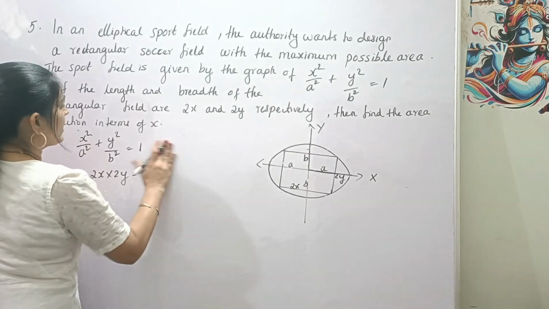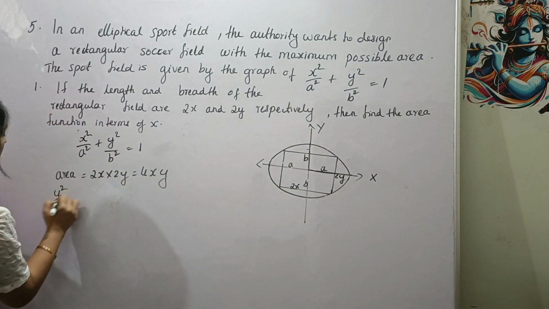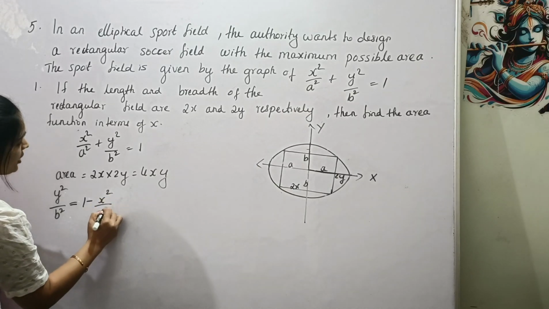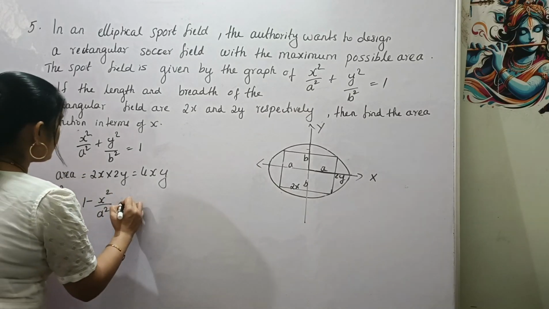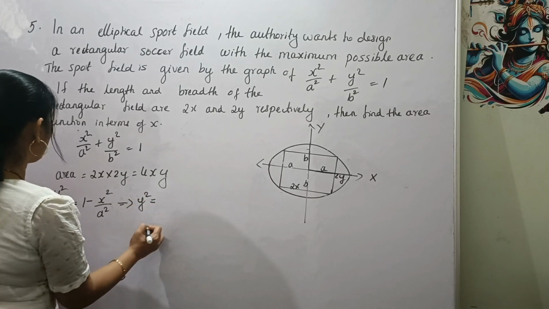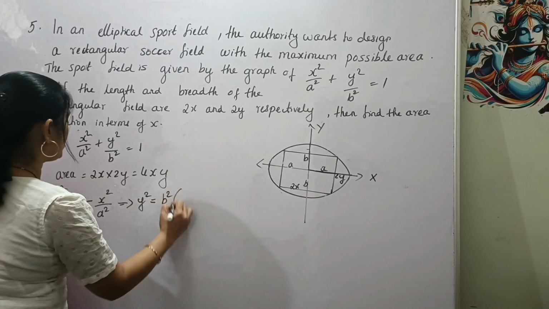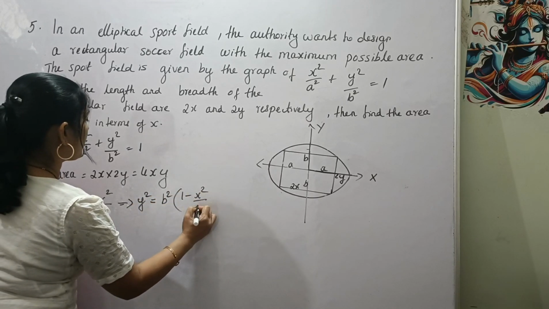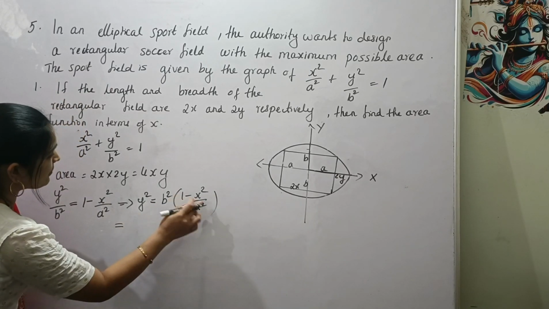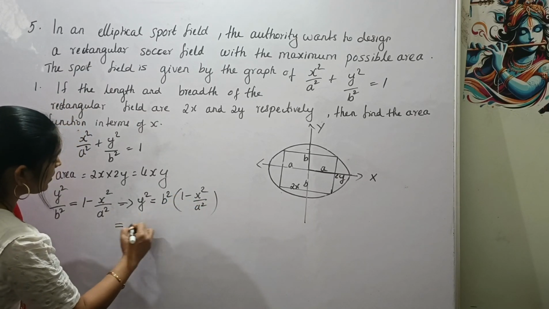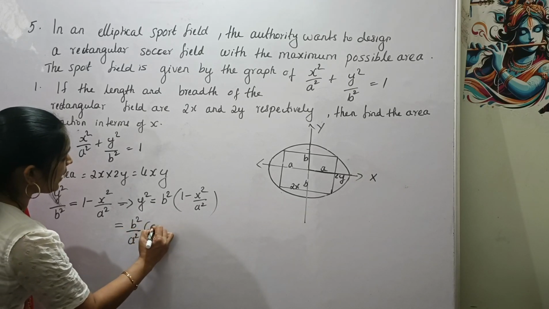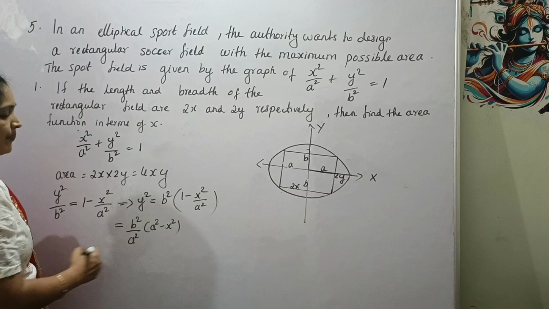Okay, so this implies y²/b² = 1 − x²/a². That implies y² = b²(1 − x²/a²). Okay, that is equal to, take LCM here, so it will be b²/a² into (a² − x²), right?